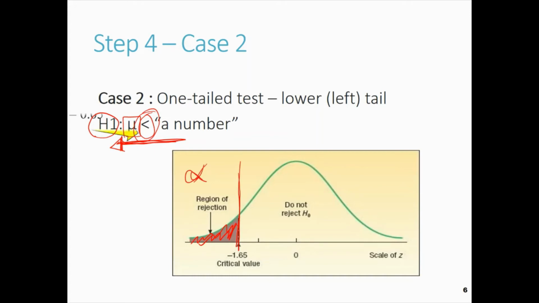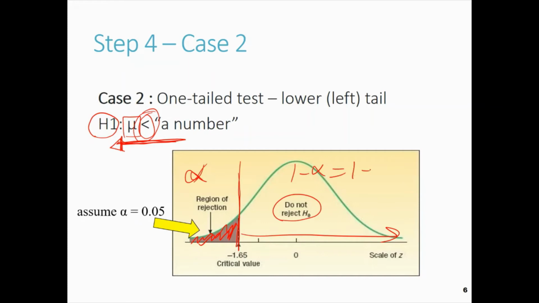Let's assume it gives you again an alpha of 0.05, which means the area of the do not reject H0 is 1 minus alpha, because they complement each other, which means 1 minus 0.05, which is 0.95. And we need to figure out the critical value, the line.